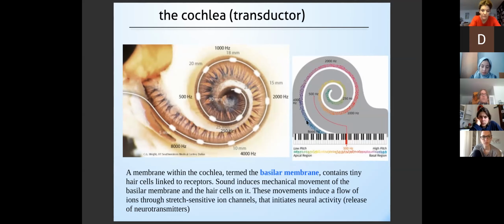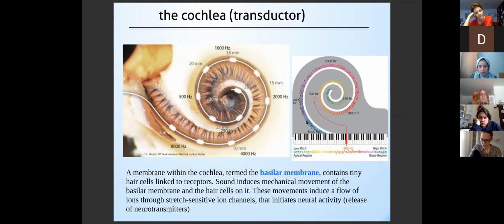How is it made? It's basically a membrane, right, that contains some very, very tiny cells called hair cells because they really look like hair, okay? So what happens is just like your speakers vibrate when they emit sounds. This membrane induces some mechanical movement on the hair cells on it, right?